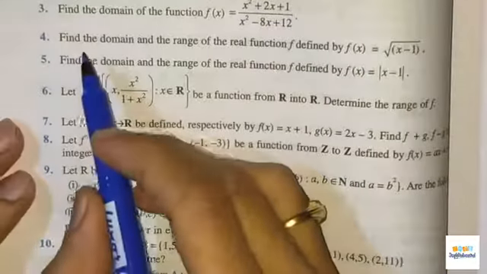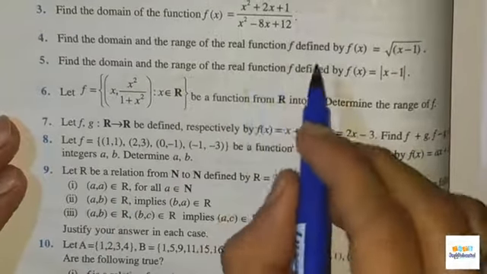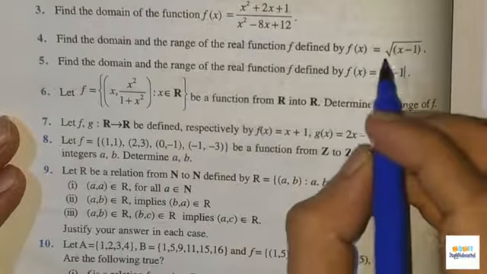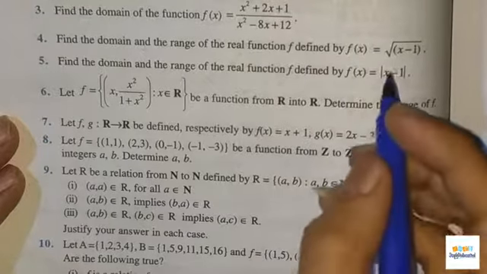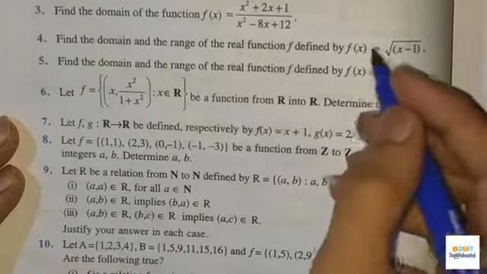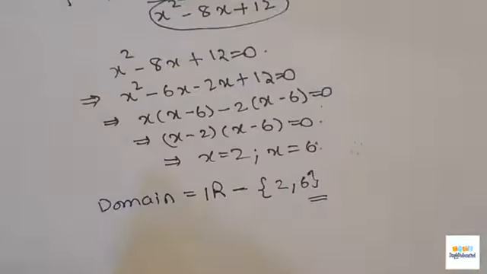The fourth problem is, find the domain and the range of the real function f defined by f(x) equal to root of (x minus 1). Okay, now here we have to find the domain and the range of the function f(x). So let us see how to solve.